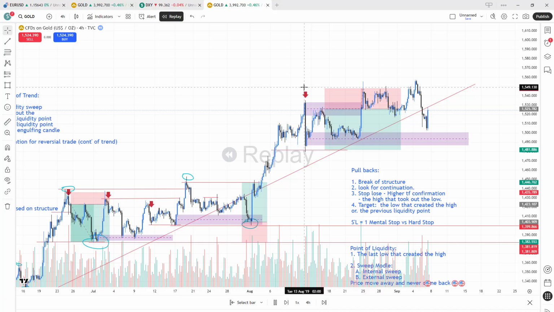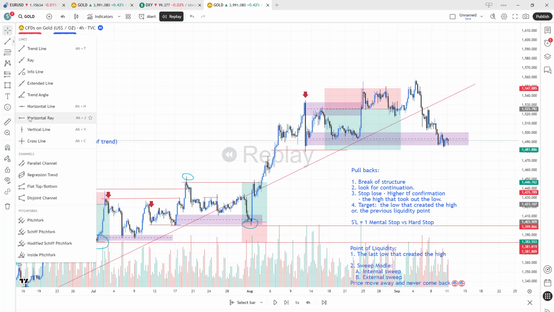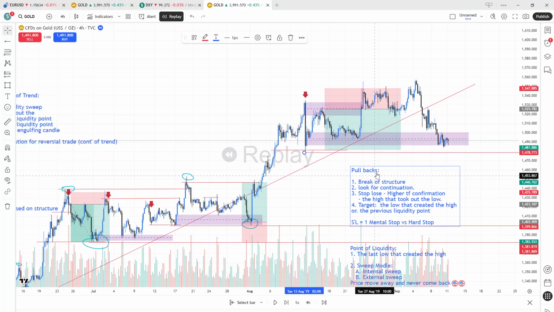I wonder if price will come back and test that area. Okay, yeah, come back. And again, just to make sure if you guys see this, technically price should not come back to this area, but we'll see. I don't know.